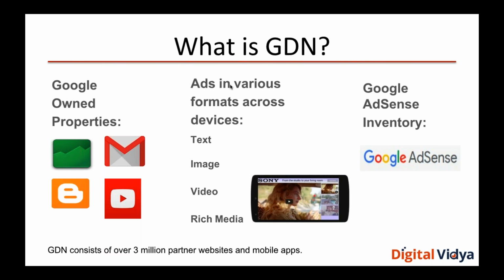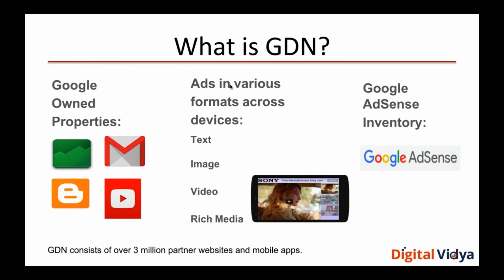Now, apart from that, a variety of ad formats are possible when it comes to Google Display Network. On search network, what kind of ad format do you see normally? What kind of ads do you see? Can you think about how many categories of ads are there? Text, okay. What else? Then you have those ads with product pictures, price, website name, all these things, right?